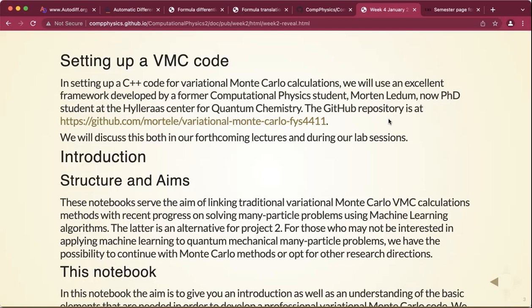One of the reasons why we introduced C++ is that C++ is actually a widely used programming language in scientific computing, together with a language like Fortran, and the latest versions of Fortran contain also object orientation. C++ is widely used, and you will see that C++ and C are some of the top languages, both in academia and in industry, when it comes to high-performance computing and computational science problems.